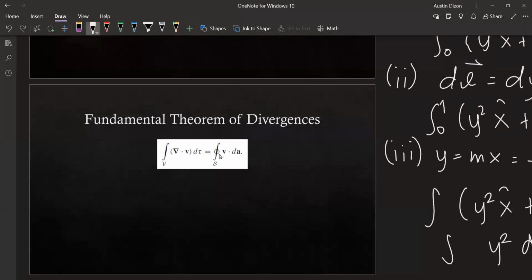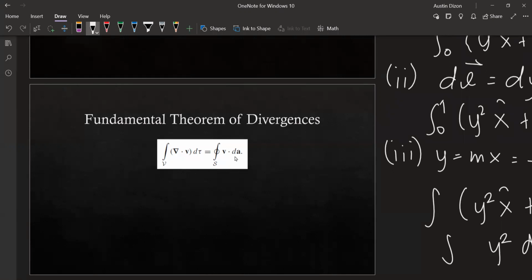So, yung flux ay yung bilang ng mga field lines mo na dumadaan over a surface area A. So, ibig sabihin nun na yung total divergences mo, pwede mo siya i-calculate by integrating the divergence of the field d tau over the volume d tau. Or pwede mo lang din i-feel yung field lines mo sa labas over some surface, closed surface, dA. Okay, so yun yung ibig sabihin ng divergence theorem.